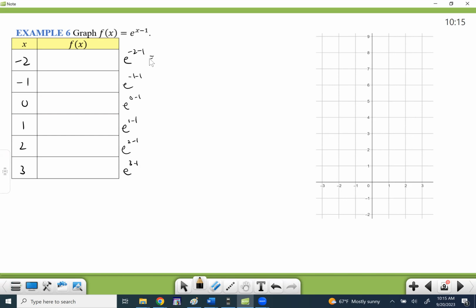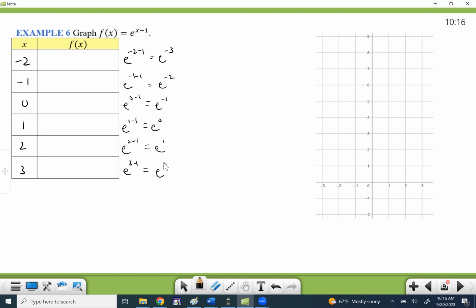Now, if you're terrible with your positives and your negatives, then don't do what I'm doing. But I think it's easier for me to combine these two. So this would really be e to the -3, e to the -2, e to the -1. 1 minus 1 is 0. 2 minus 1 is 1. And 3 minus 1 is 2.